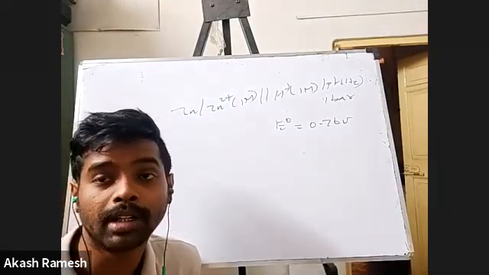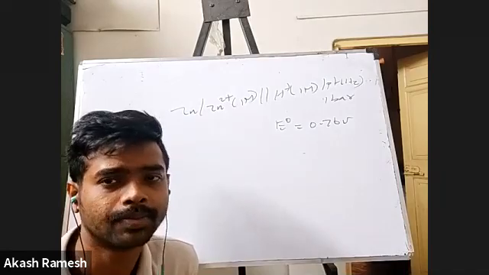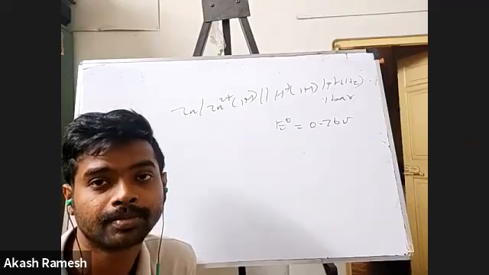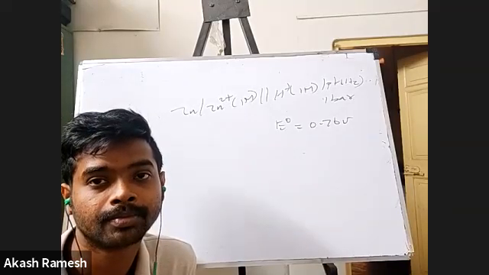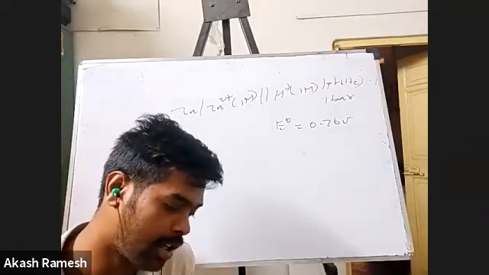What is the difference between E naught and E? E naught is under standard conditions. Okay, fine. What are the standard conditions? 273 Kelvin? Actually it's not 273.